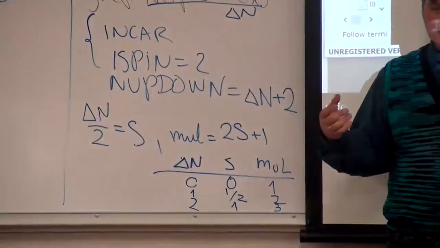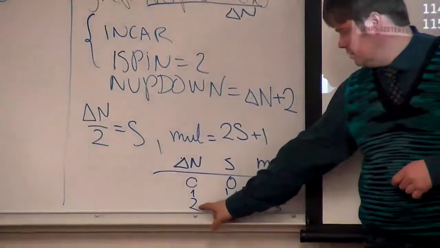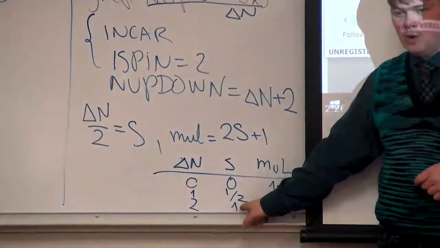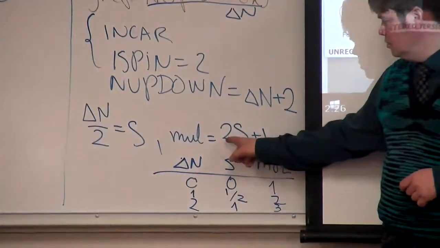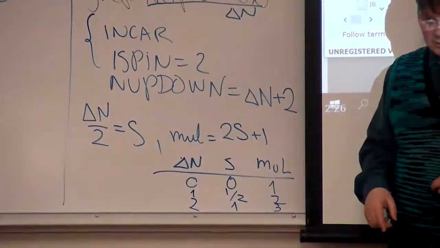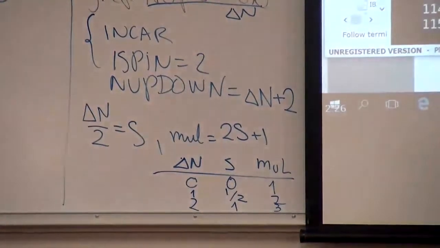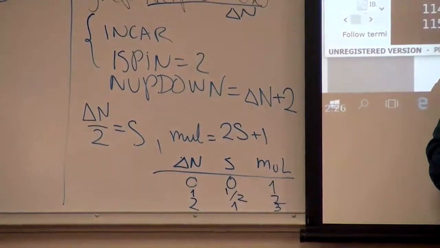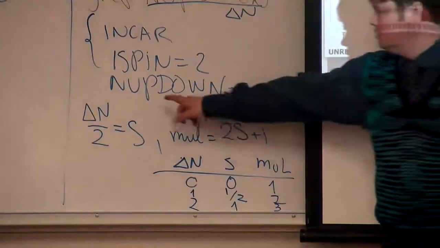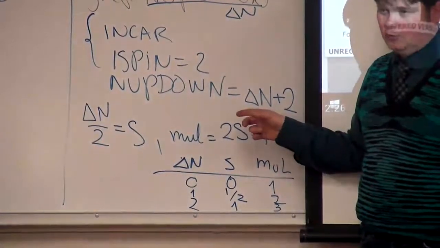If in some other configurations you have 2 more in alpha than in beta, delta n is 2, spin 1, multiplicity 2 times 1 plus 1 equals 3, triplet. Okay? So you already are able to observe different multiplicities. And later on, there will be a keyword to change the multiplicity of a system, N up minus down equals, and then you type whatever you like, or whatever you need.